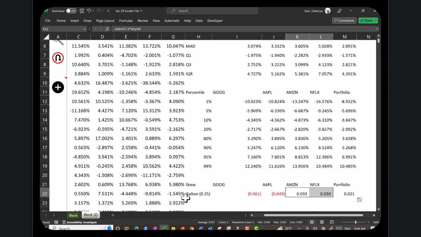So I'm going to basically do Galton 0.20.